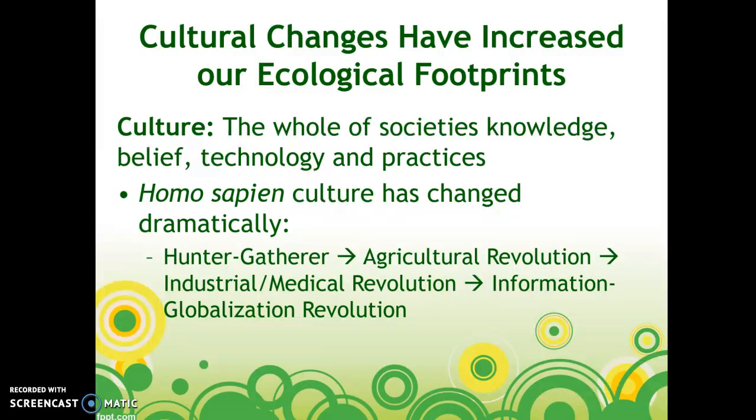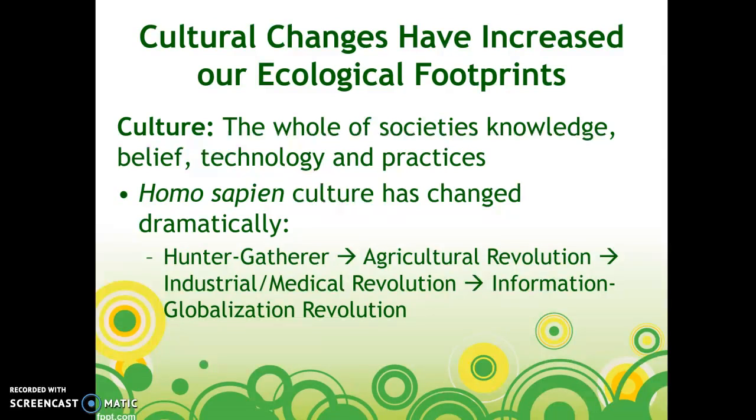So cultural changes over time have also helped our increase of ecological footprints. So culture is the whole of a society's knowledge, belief, technology, and practices. Homo sapien culture has changed dramatically since the first known humans. We started off as hunter-gatherers, which left us with very small ecological footprints.